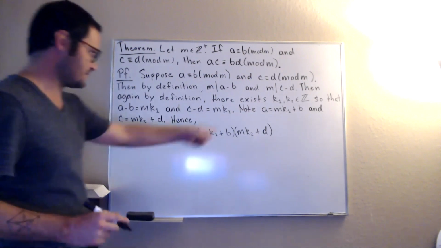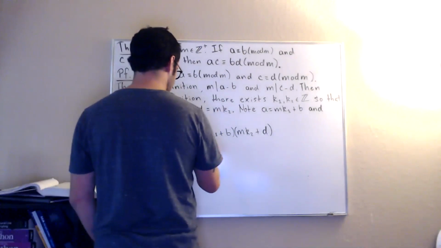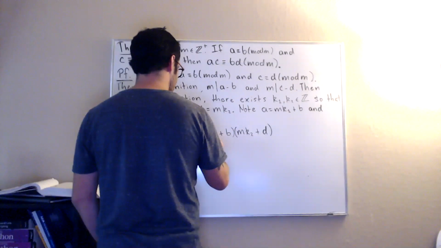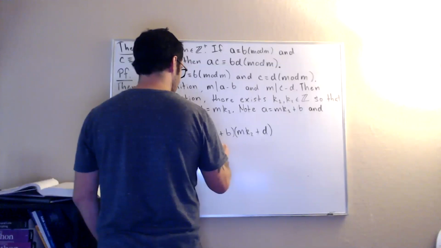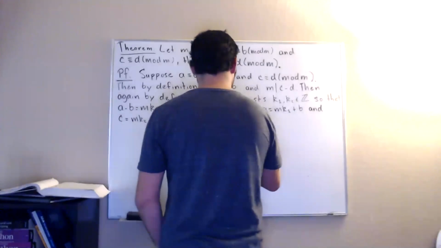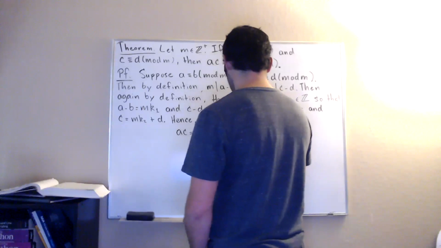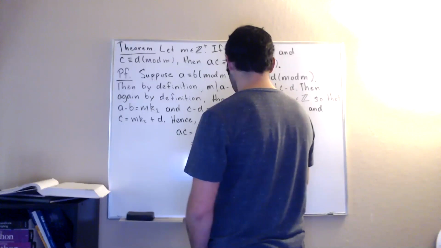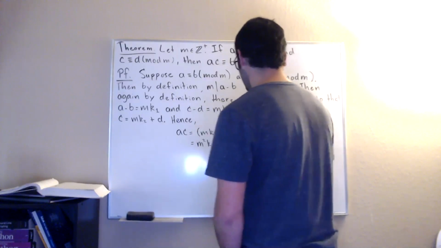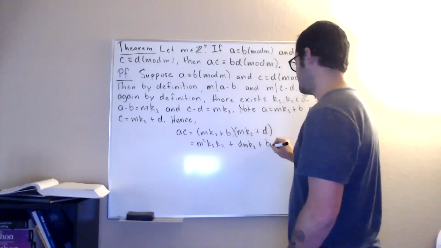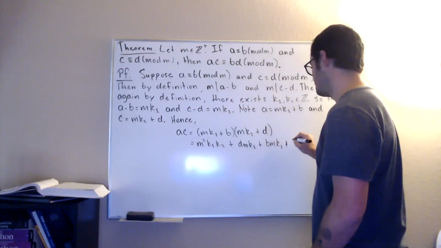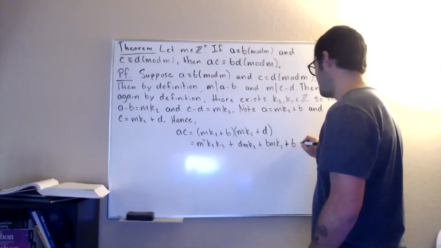So then if we just expand this out, what do we get? So m squared times k1 times k2 plus D times m times k1 plus B times m times k2 plus B times D.